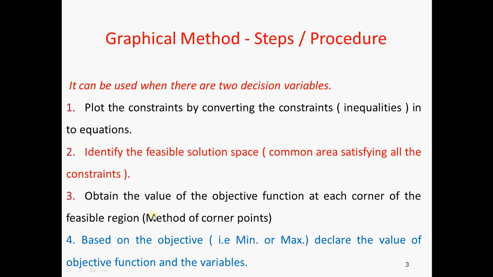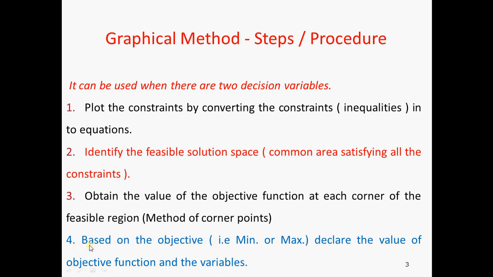Once you get the feasible region, you will have the corner points of it. It will be like a triangle shape or any irregular shape, but it will have corner points. At each corner point you are supposed to find the value of the objective function.